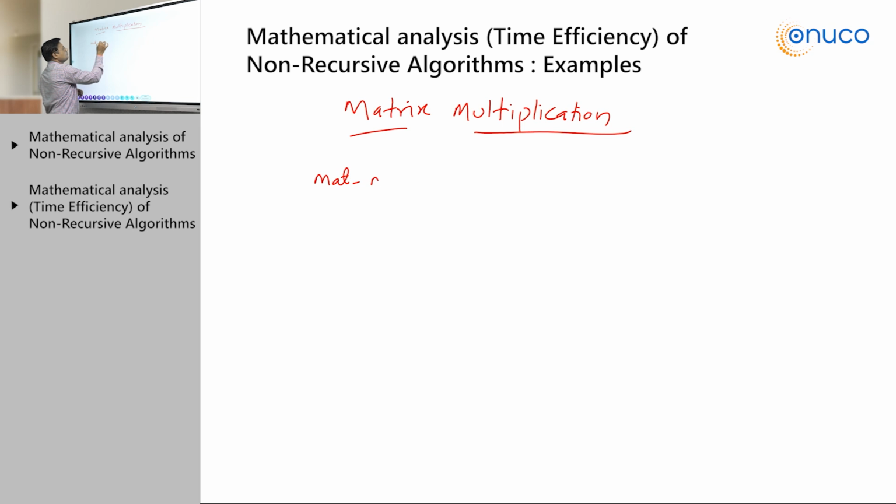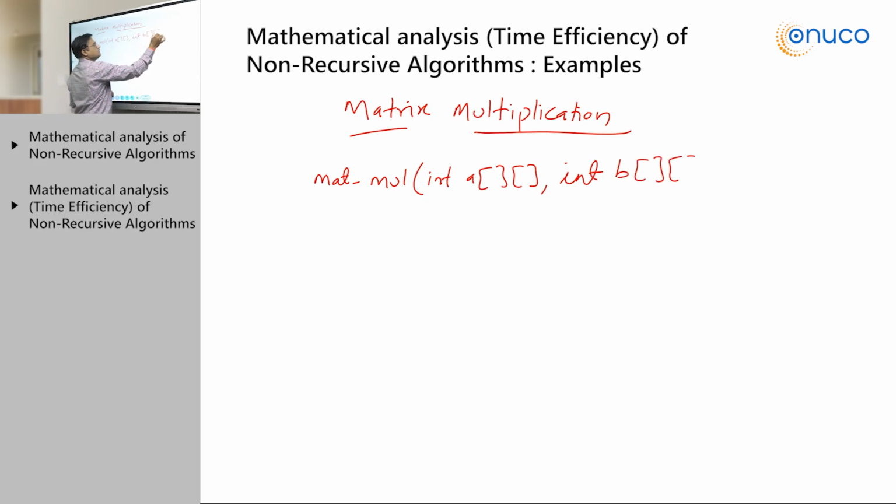I am writing here matrix multiplication, and here we have different matrices. As you know, a matrix is of order 2, like a two-dimensional array. So A and we have B as matrices.